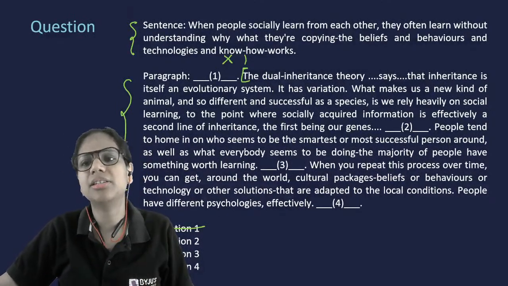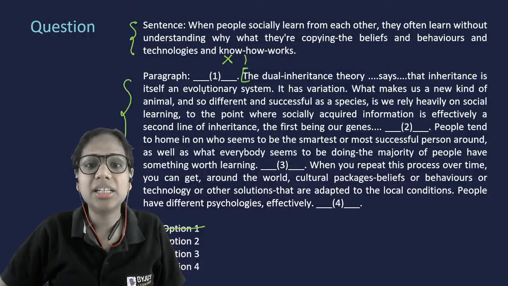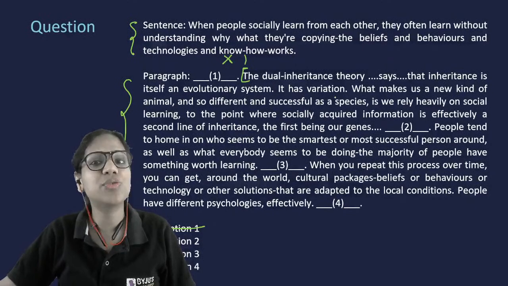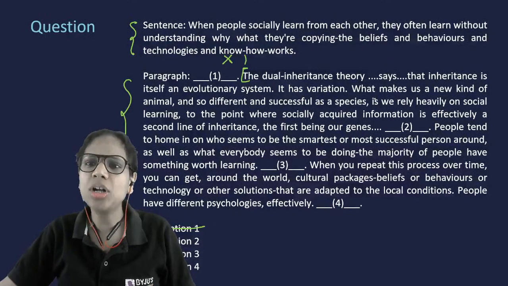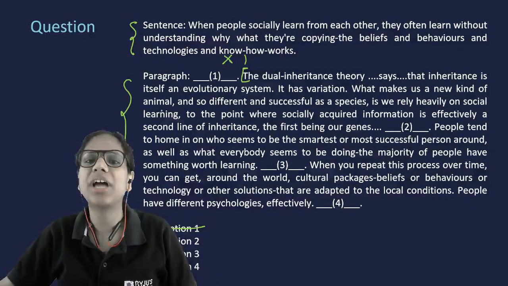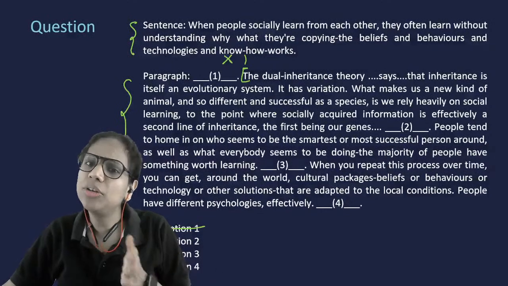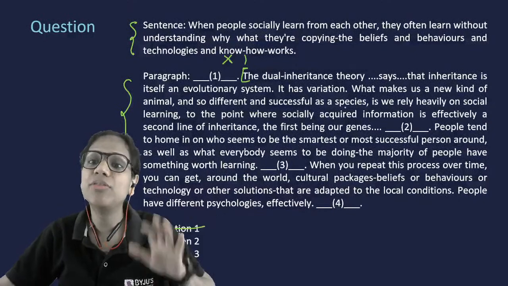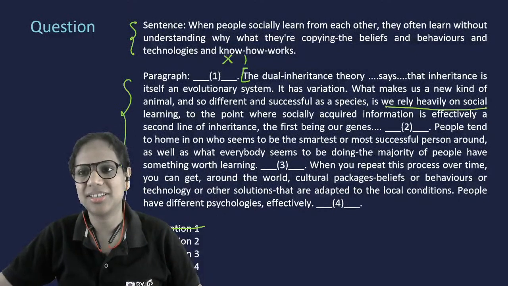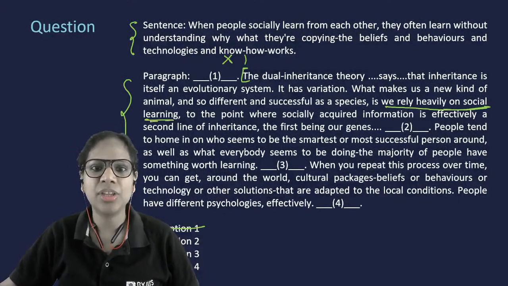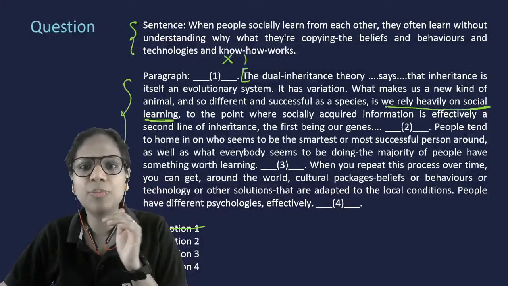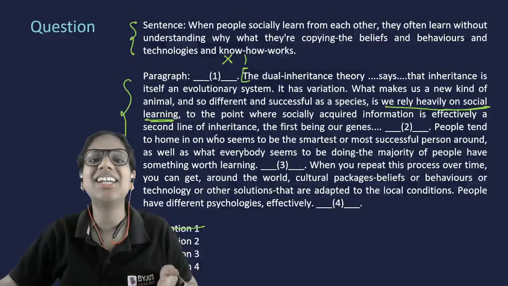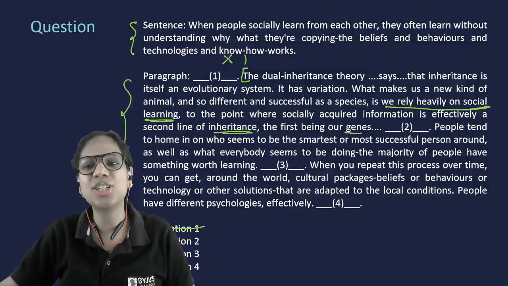The dual inheritance theory says that inheritance itself is an evolutionary system. It has variation. What makes us a new kind of animal and so different and successful as a species is we rely heavily on social learning, to the point where socially acquired information is effectively a second line of inheritance, the first being our genes.